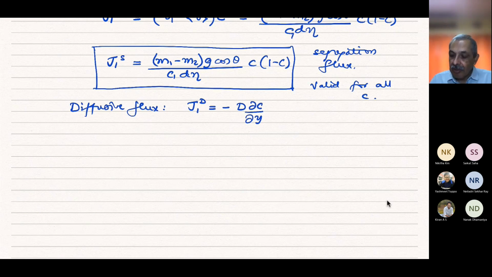Okay, so in the next class we'll do an example to study what would be the concentration profile if you had a certain flow, and in that flow there was a balance between both segregation flux and diffusion flux. So what will be the profile that you will get? So with that, I'll end the class, and now I'll see you next on Thursday. Okay.